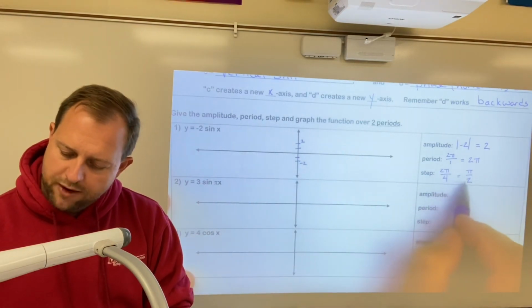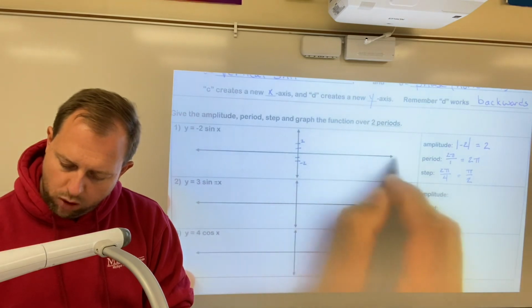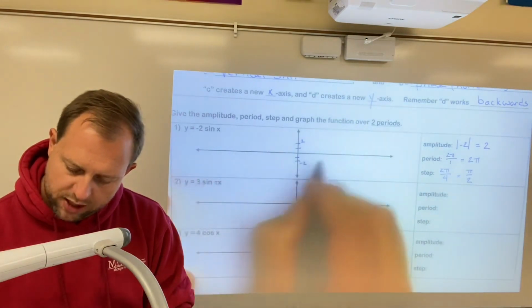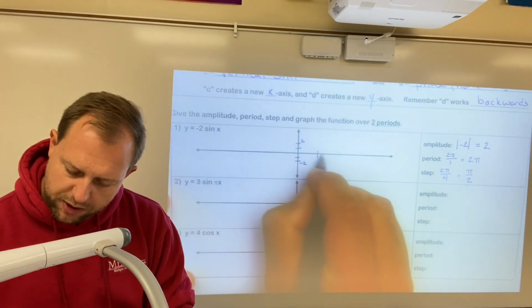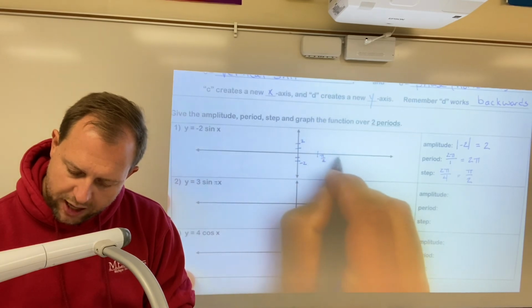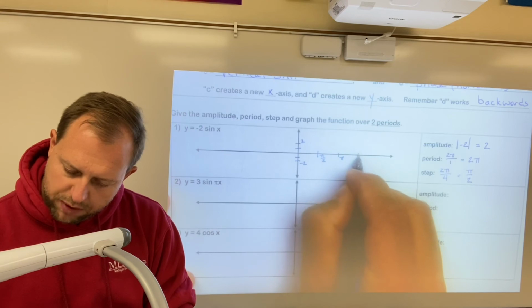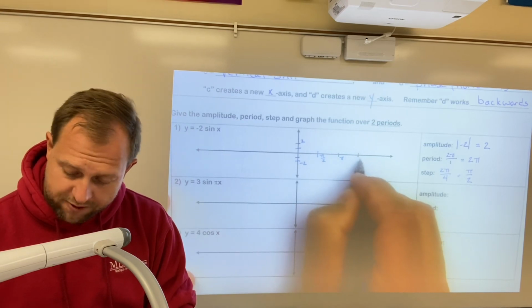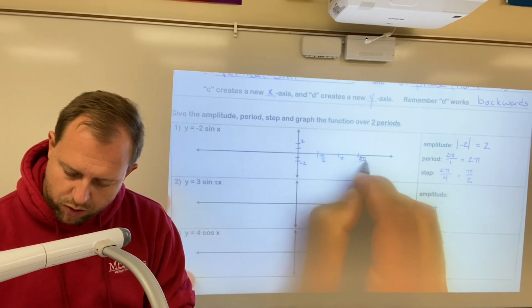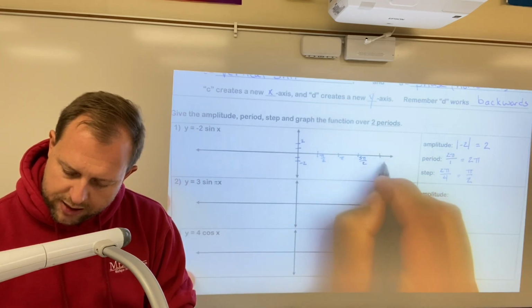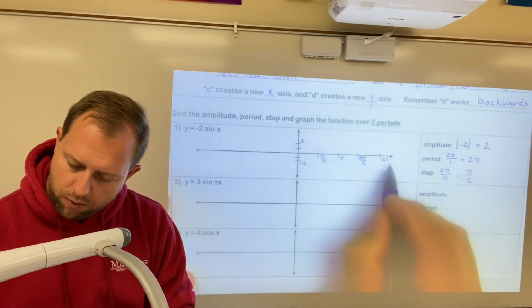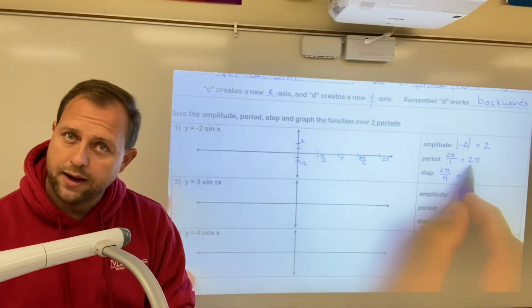We have steps of 1/2 pi, so I need 4 steps to the right, 4 to the left. To the right, it'll be pi over 2, pi, 3 pi over 2, and 2 pi. To go one whole period is 2 pi.